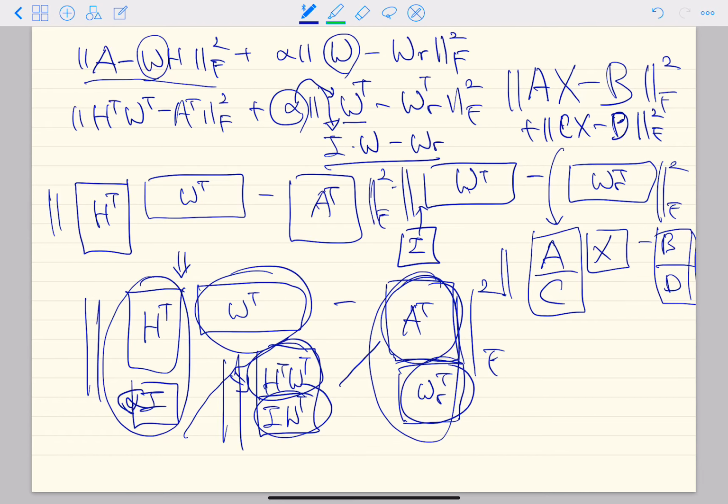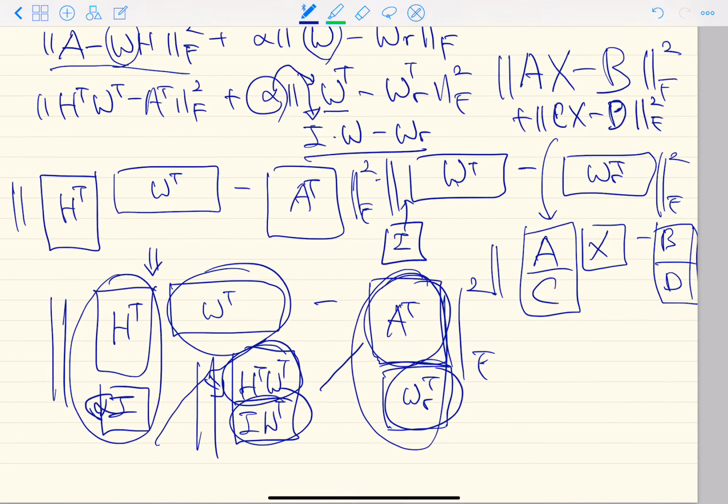And a single Frobenius norm can be written from the sum of these two Frobenius norm cases, right? Any questions? Can you guys understand?